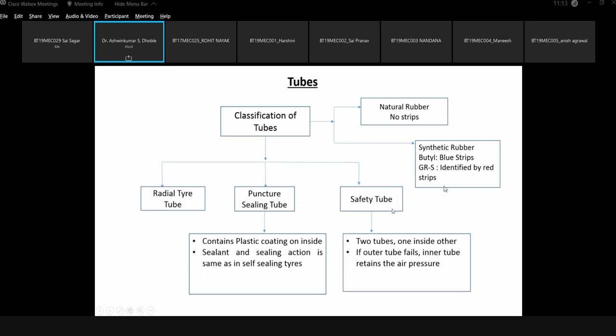We only know the one kind of tube which is used in the tire, but here you can have different types of tubes. The natural rubber, no strips, then synthetic rubber, blue strip.